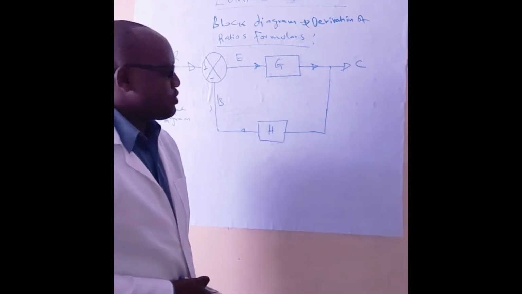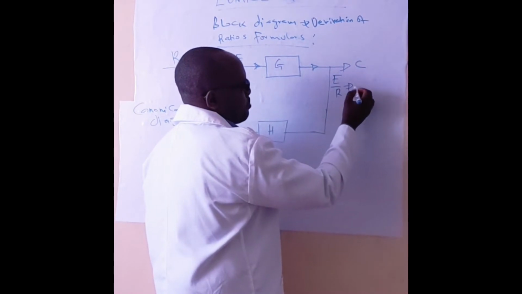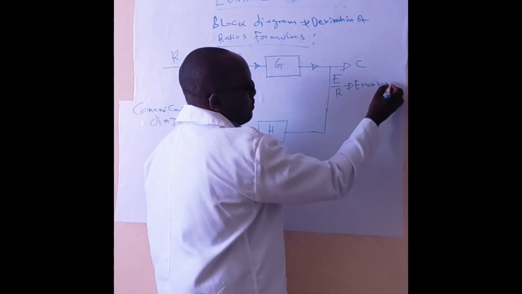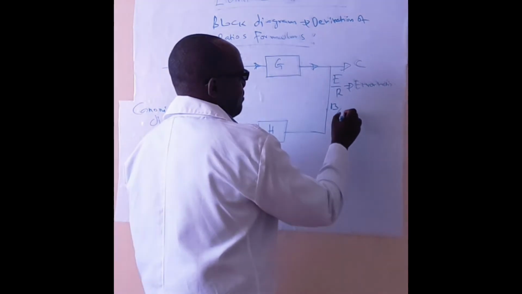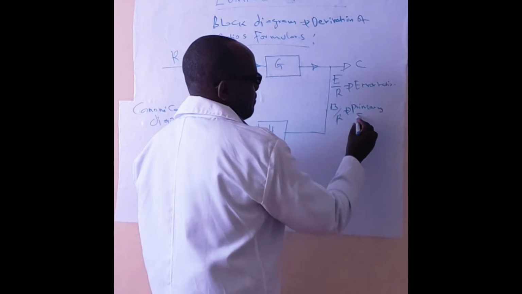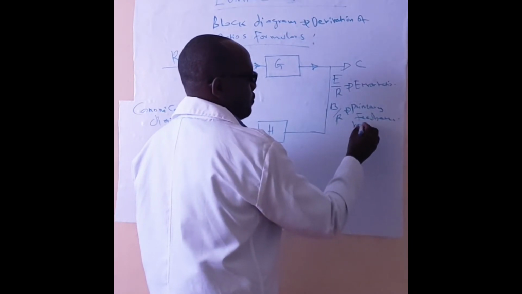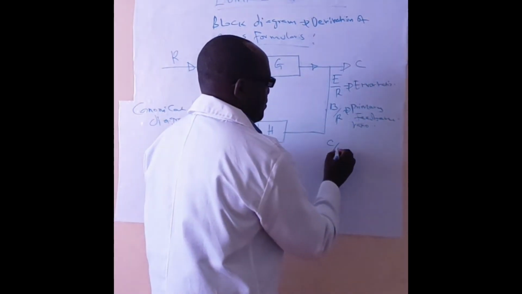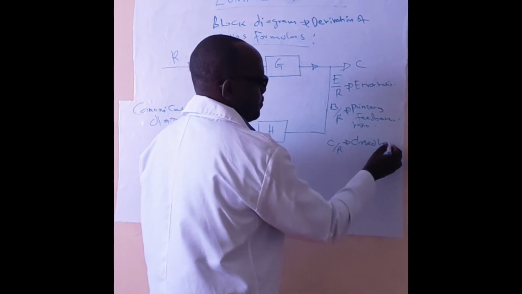The first one is known as the error ratio. The other one is known as the primary feedback ratio. Lastly is the closed loop ratio.